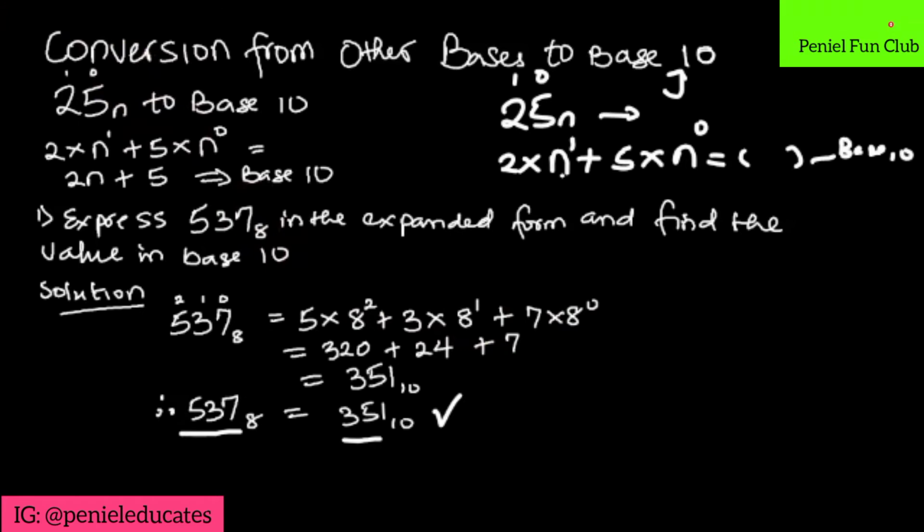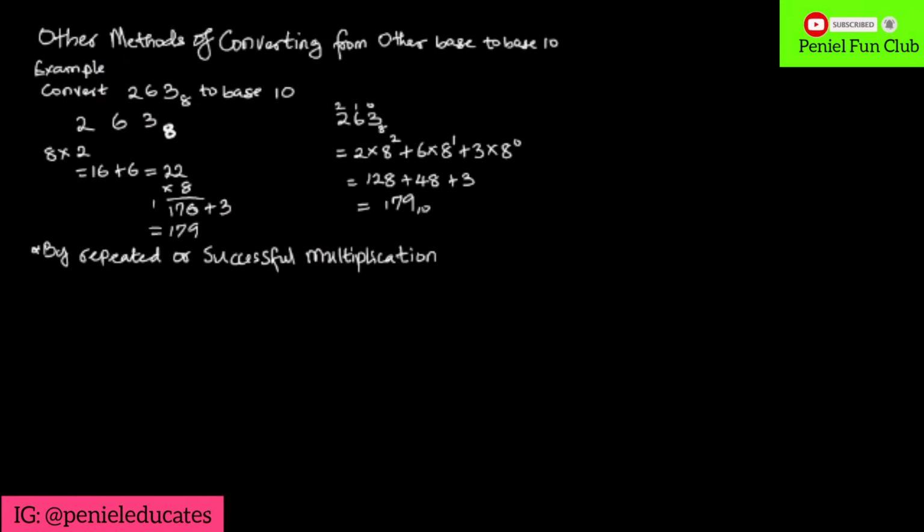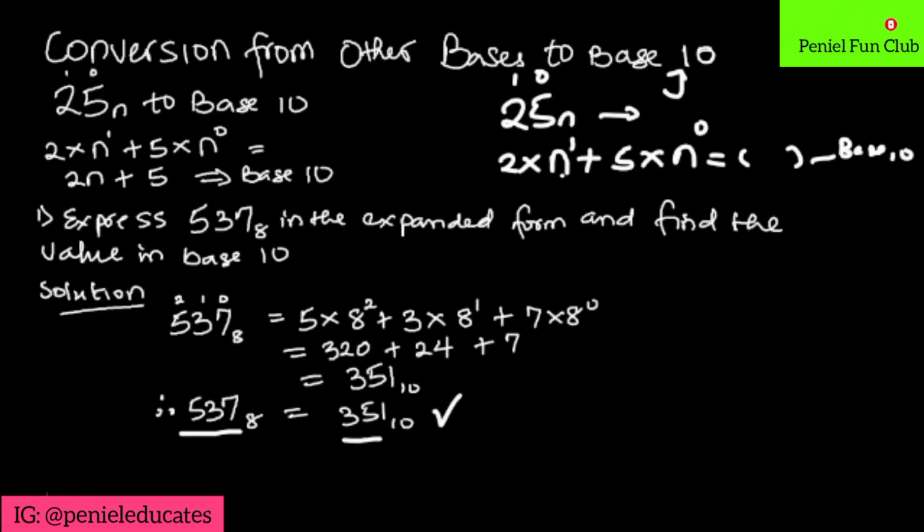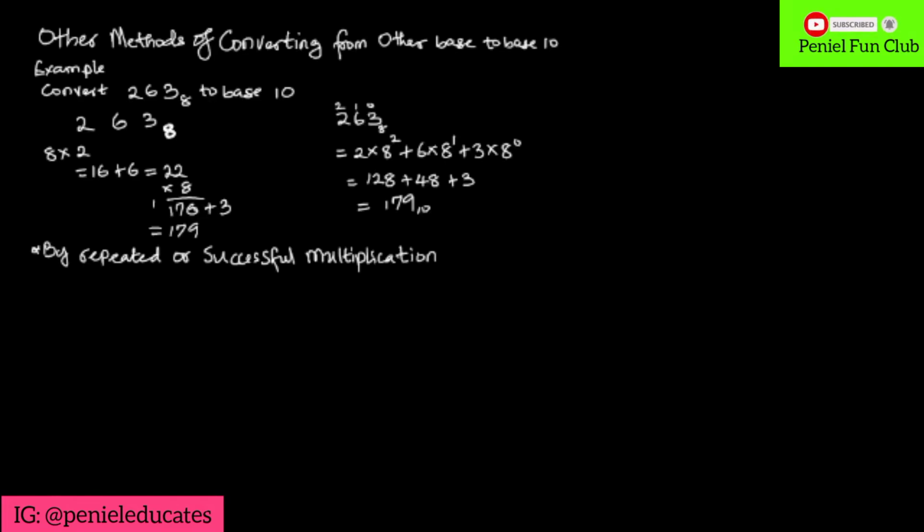All right, so we'll look at how we can convert from other bases to base 10. We just looked at conversion of base 8 to base 10. So let us look at the other methods that we can use to convert from other bases to base 10.